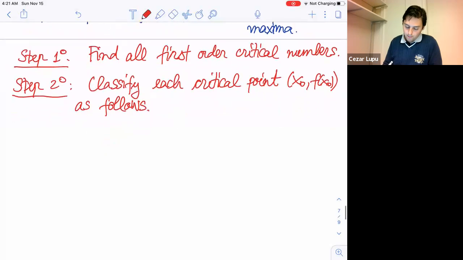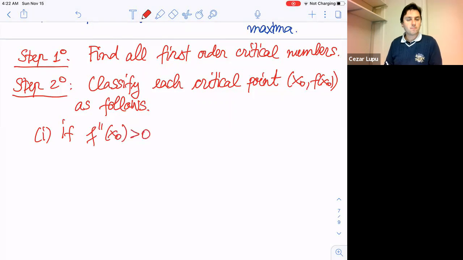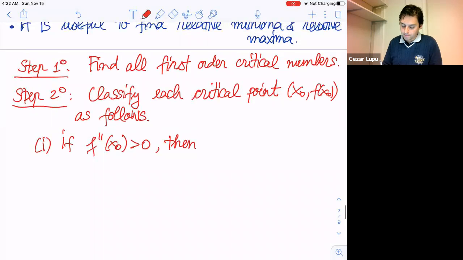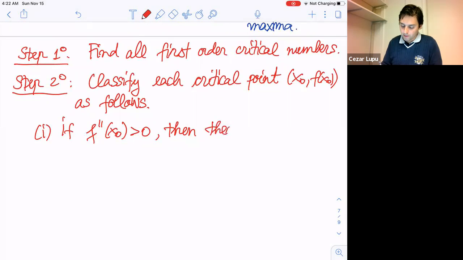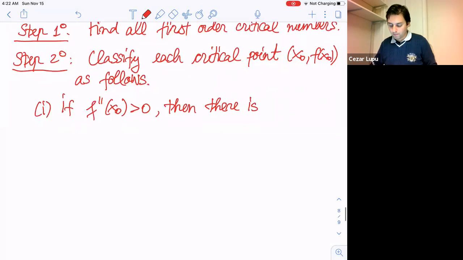If the second derivative at x naught is positive, then there is a relative minimum.